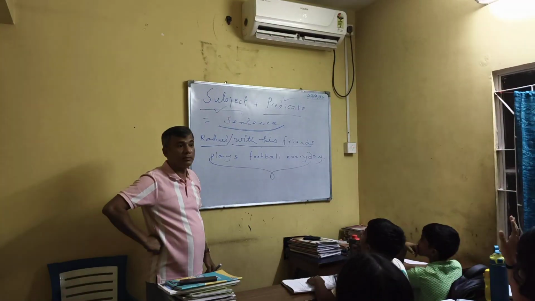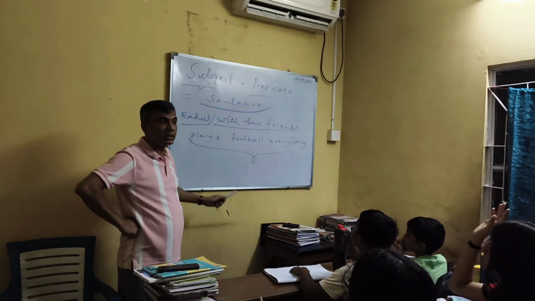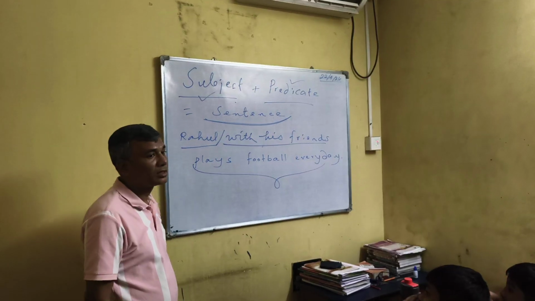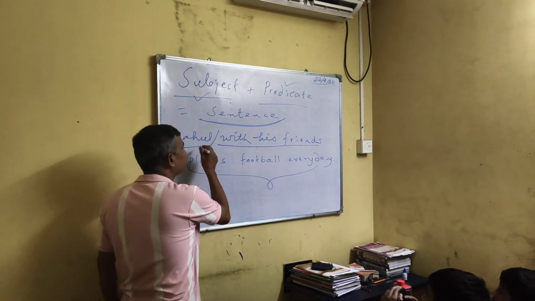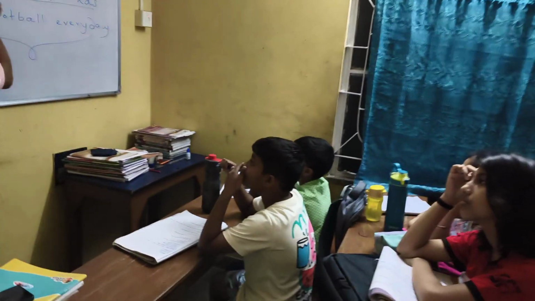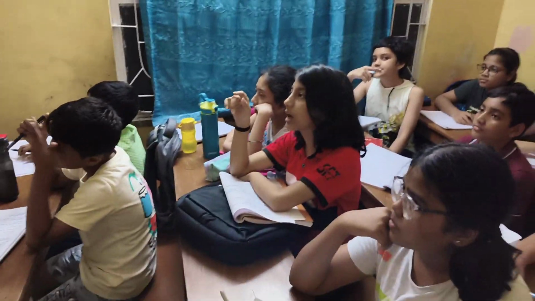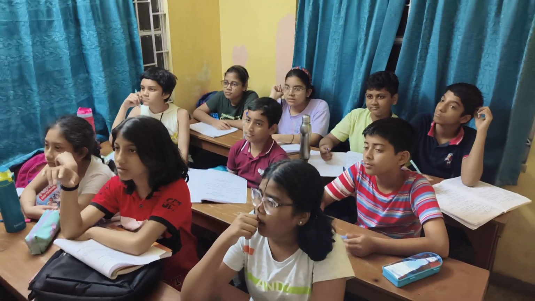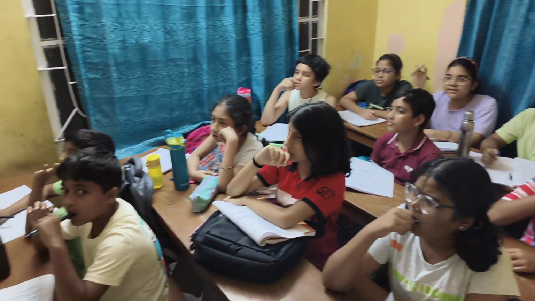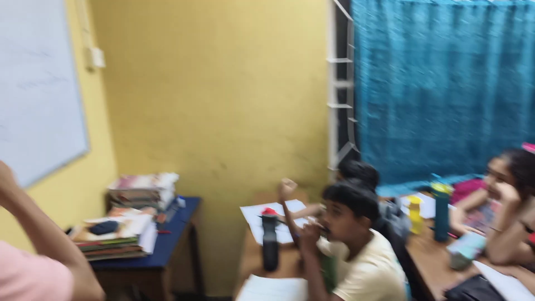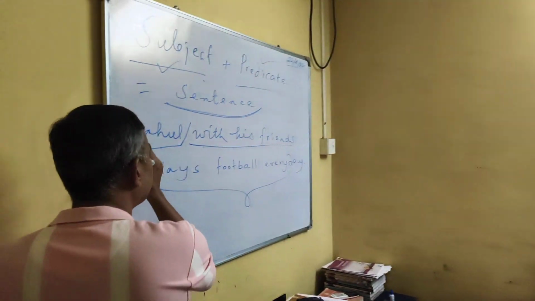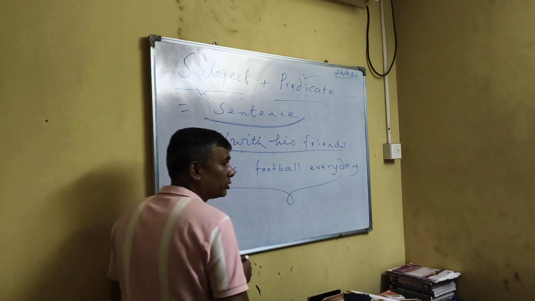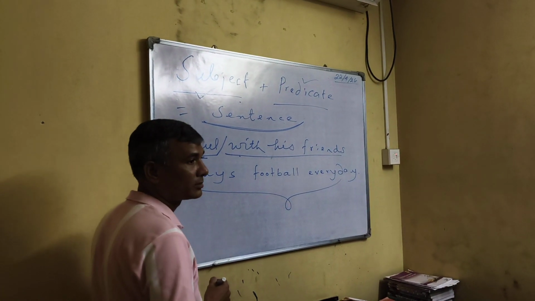When we give an attribute, when the subject is attributed, it is the enlargement of the subject. The subject enlargement here is with his friends. So Rahul with his friends is the subject. The real subject word is Rahul, but the total part from Rahul to friends is the subject.